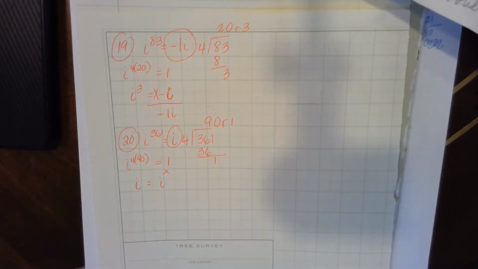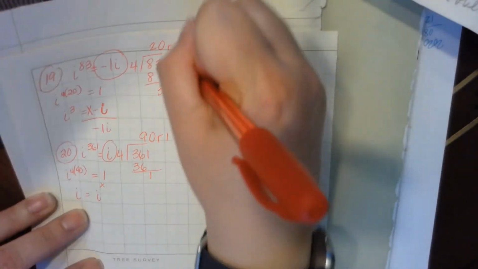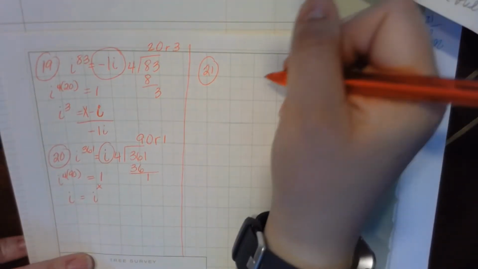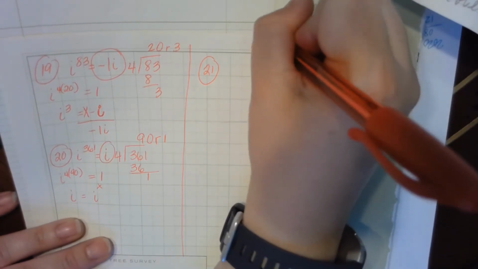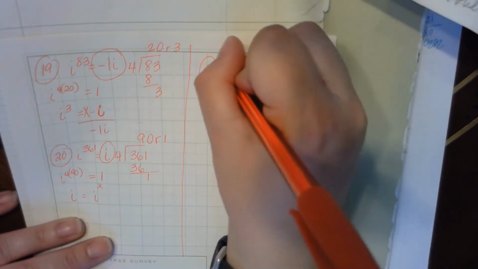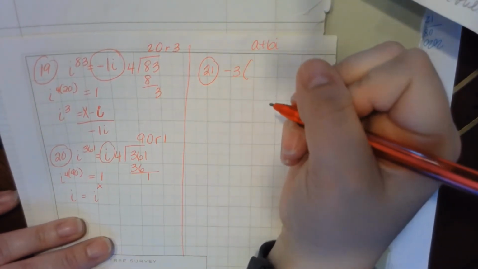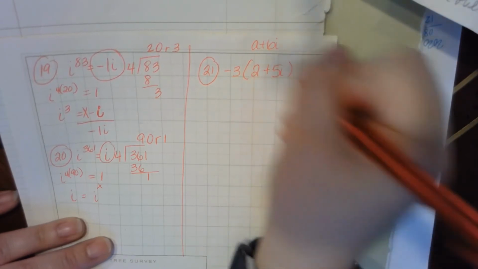All right, number 21, we're almost done. Come over here, scooch over a little bit. Number 21. So now we're going to take the a plus bi formulas or equations, and we're going to multiply. So this first one's pretty easy. I'm going to take a -3 and I'm going to distribute it into 2 plus 5i.